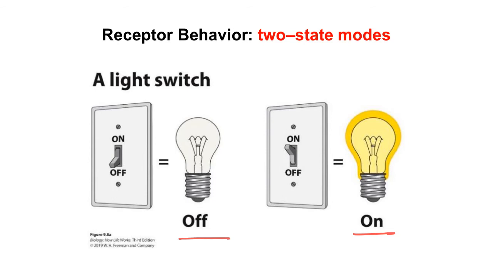So in this scenario, what we see as a communication method between cells comes about as a result of a response of the receptor as a quote-unquote molecular switch.